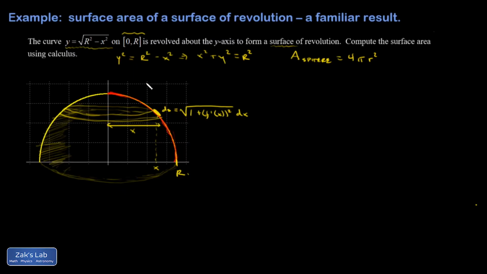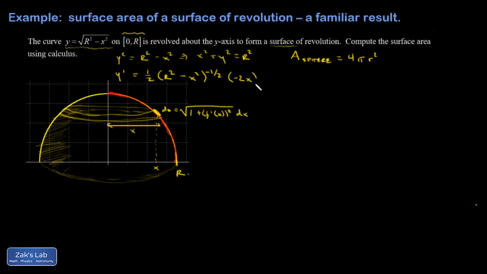So it looks like we have to compute f prime or y prime. I think we should probably just do that before we start doing anything else. So this is r squared minus x squared raised to the 1/2. So I end up with 1/2 r squared minus x squared to the negative 1/2. And then the chain rule says you've got to also multiply by a negative 2x.